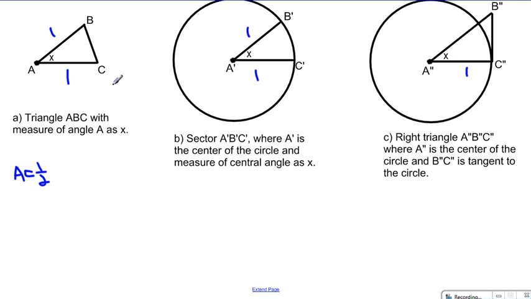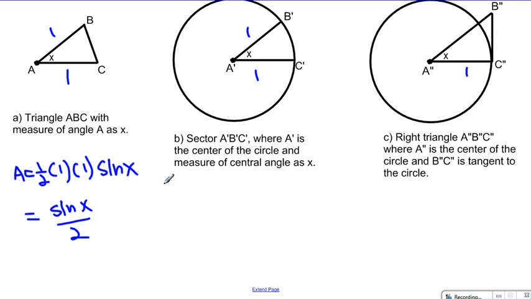In this case, we end up getting this length AB, 1, times the other side AB, and sine of x. Therefore, this simply becomes sine of x over 2. That becomes the area of this triangle.